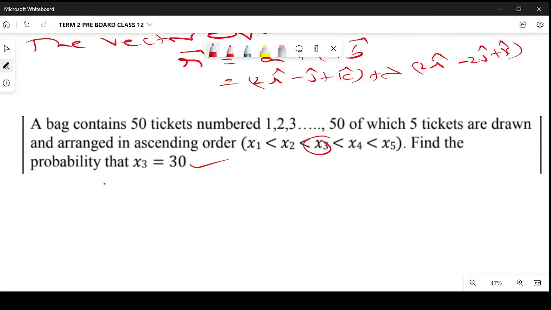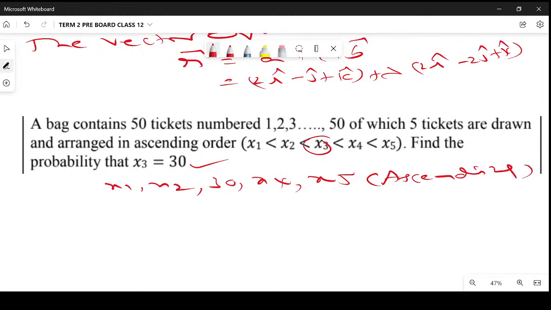That means you should arrange x1, x2, 30, and x4, x5. You fixed 30, and this is in ascending order. Before 30, because ascending order means x1, x2 are less than 30.